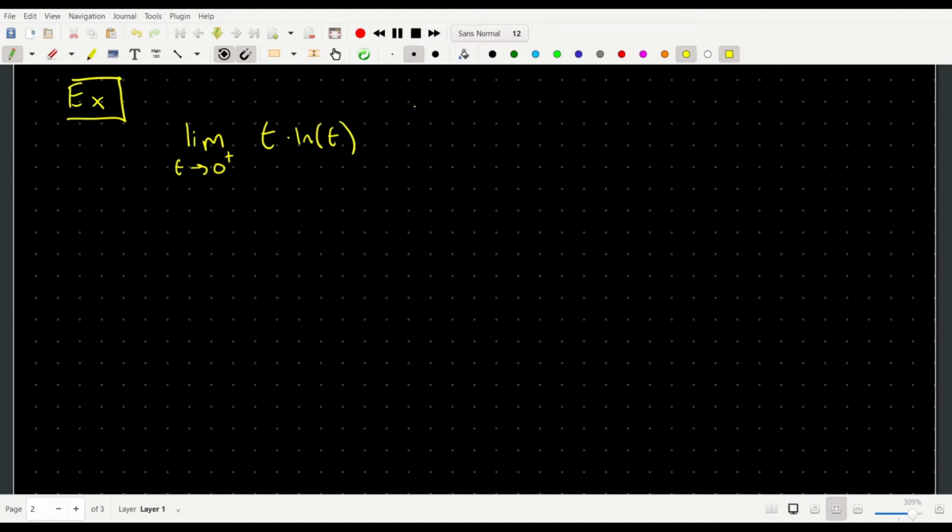Right off the bat, we can say that this yields a 0 times infinity indeterminate form. And this is because as t goes to 0, well, t as a function is going to 0, but natural log of t is headed to negative infinity. So the type of indeterminate form that we have here is a 0 times infinity indeterminate form.